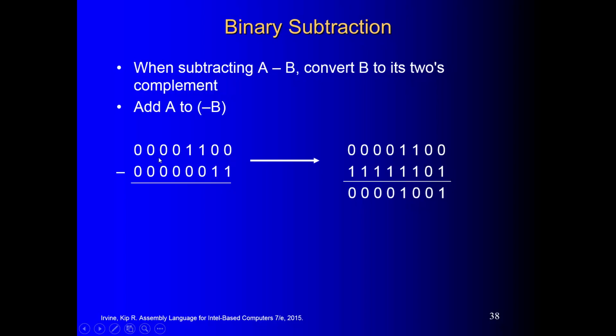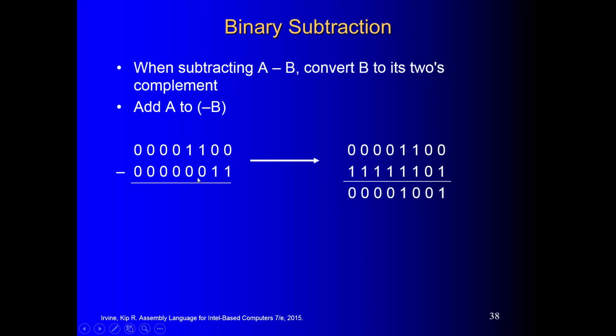Let's give you the idea here. If you want A minus B, we don't want to do A minus B, we want to add. We are going to say A plus negative B. So A is the same. We are going to change B to negative format.